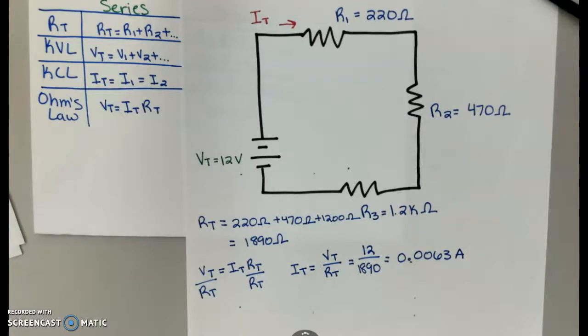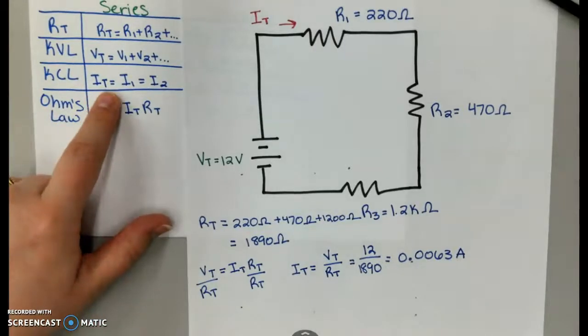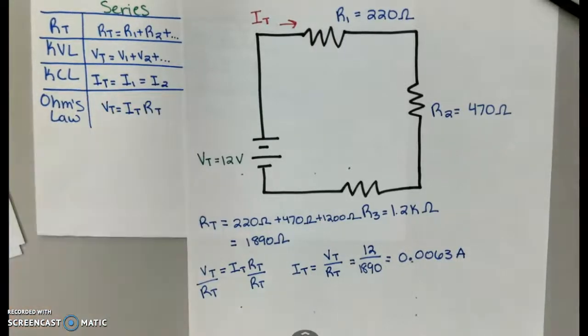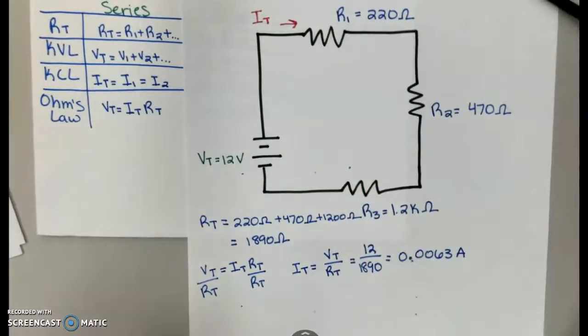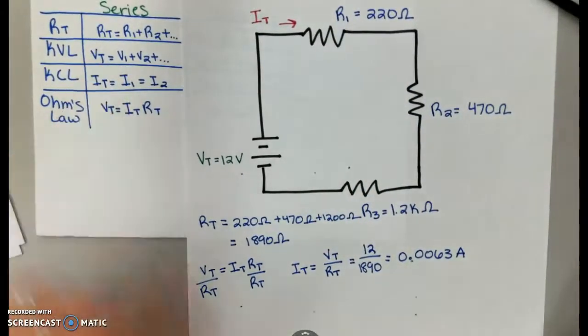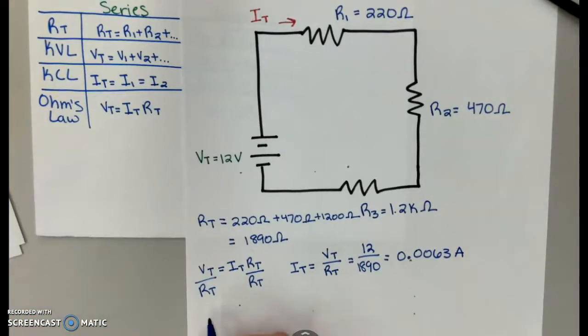Okay. So also in a series circuit, we know that the total current is the same across each resistor. So my current is going to be the same value on each resistor, but what's going to be different is my voltage on each resistor. So let's find the voltage on each one.